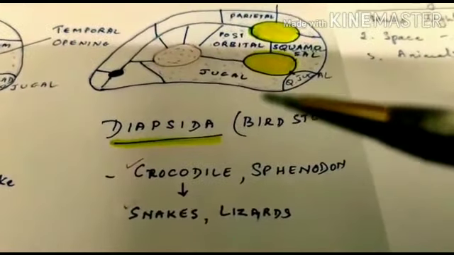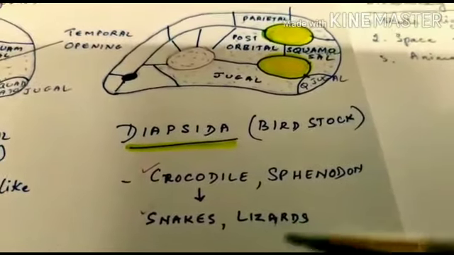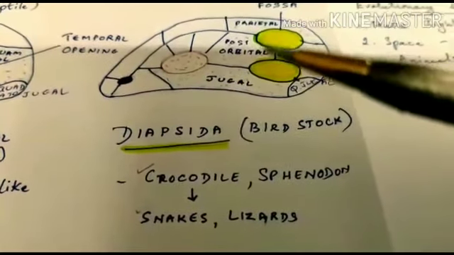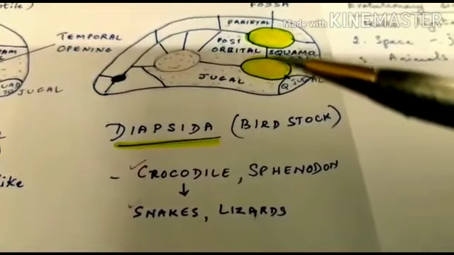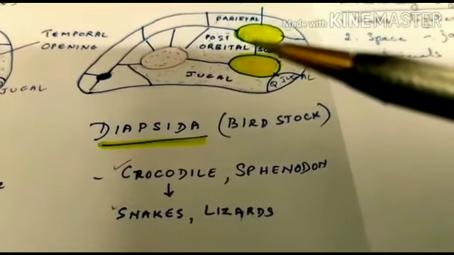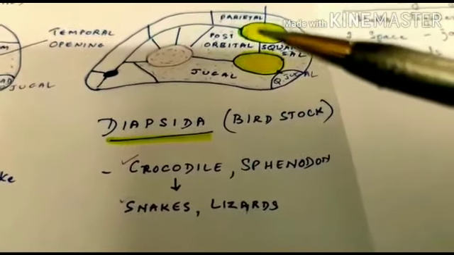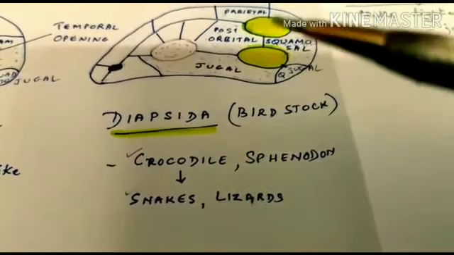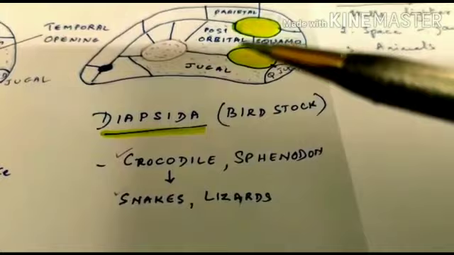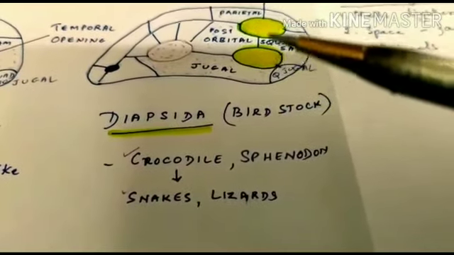But certain modifications have taken place in the lizards. So in lizards, you find that some of the bones become reduced, and as a result, the supratemporal fossa becomes larger. And in case of the snakes, 2 or more of these bones may be lost from the temporal region.